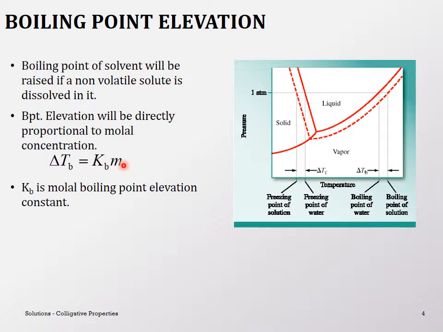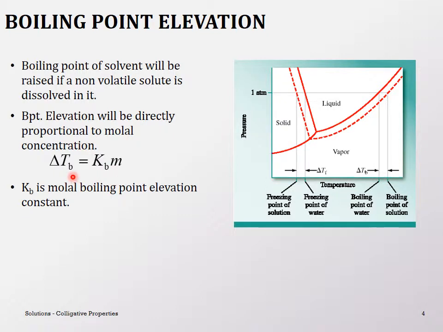That is what it is. So we're working in moles, okay, in this case, and delta TB is the change in the temperature of the boiling point. Kb is a molar boiling point elevation constant, which means it's a constant for every solvent that we use. Okay, so that is how you would calculate the change in the boiling point.